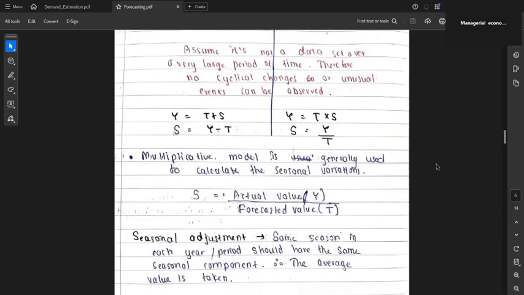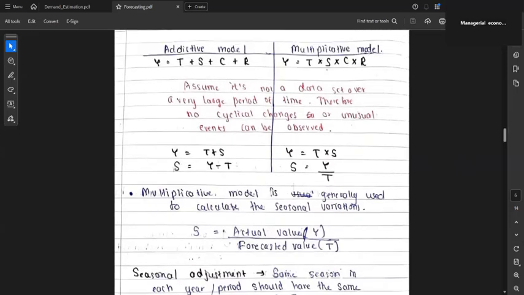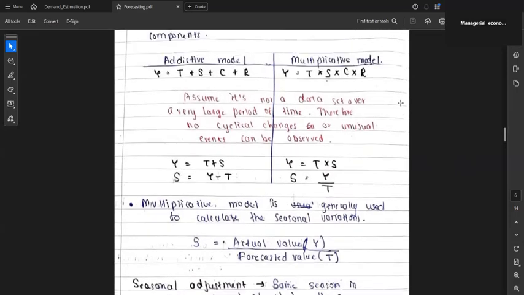So we can cut off the cyclic component C and the residual component R, and we are left with a simple equation to obtain the S values in each model.